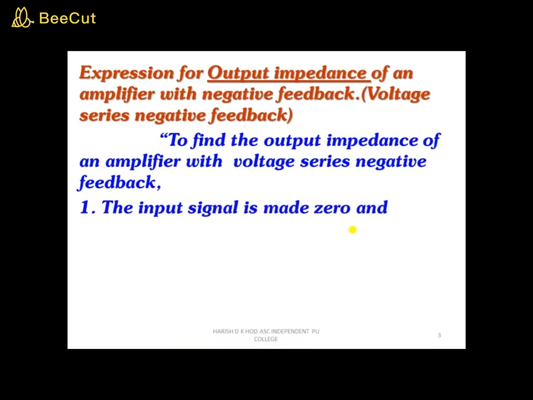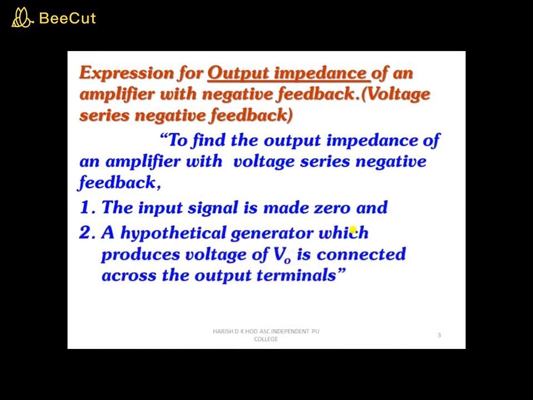The second thing is, we need to consider a hypothetical voltage source which should produce an output voltage VO. In other words, a hypothetical generator which produces a voltage of VO is connected across the output terminals. We need to follow these two steps to find the output impedance of an amplifier with negative feedback.